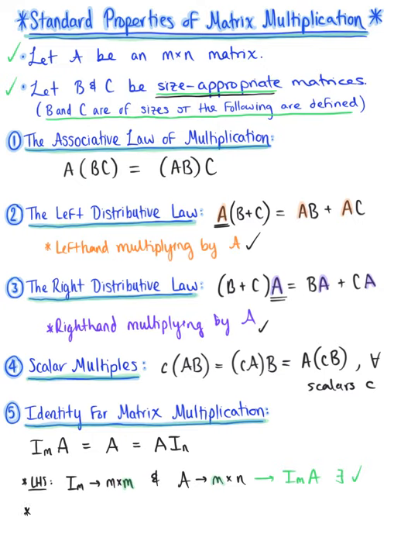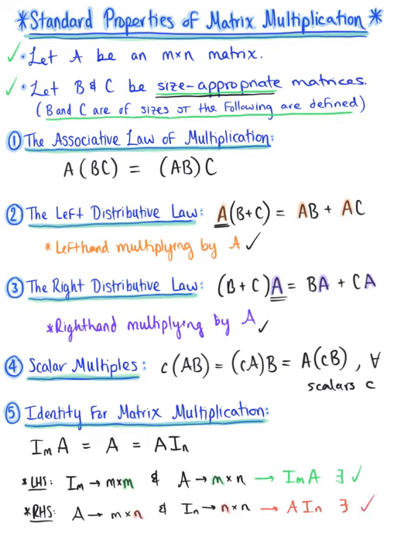Versus if we think about the right-hand side of this product, here we have matrix A, which of course we know is an m by n matrix, and we have I sub n, which we know is the n by n identity matrix. So in this case, again, we can see that the number of columns of the first matrix matches the number of rows of the second matrix, indicating to us that the product matrix A times the n by n identity matrix also exists.